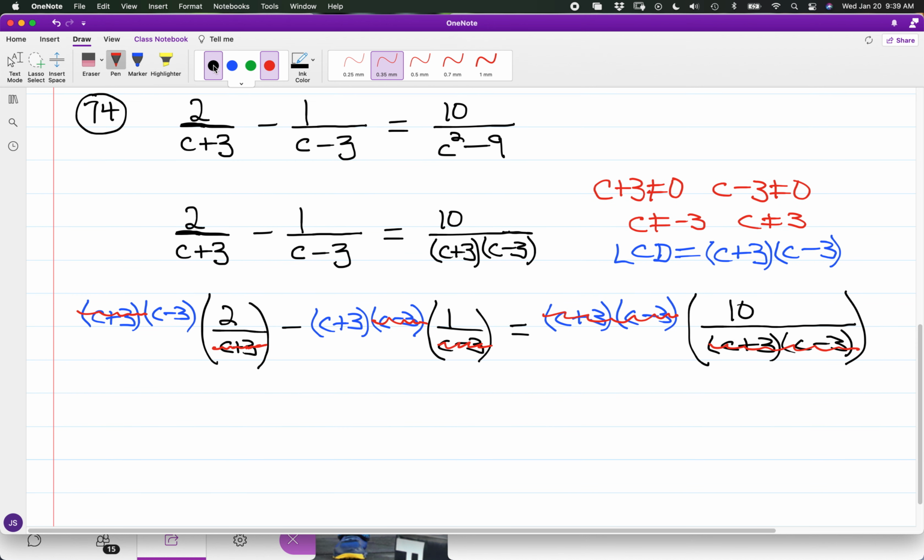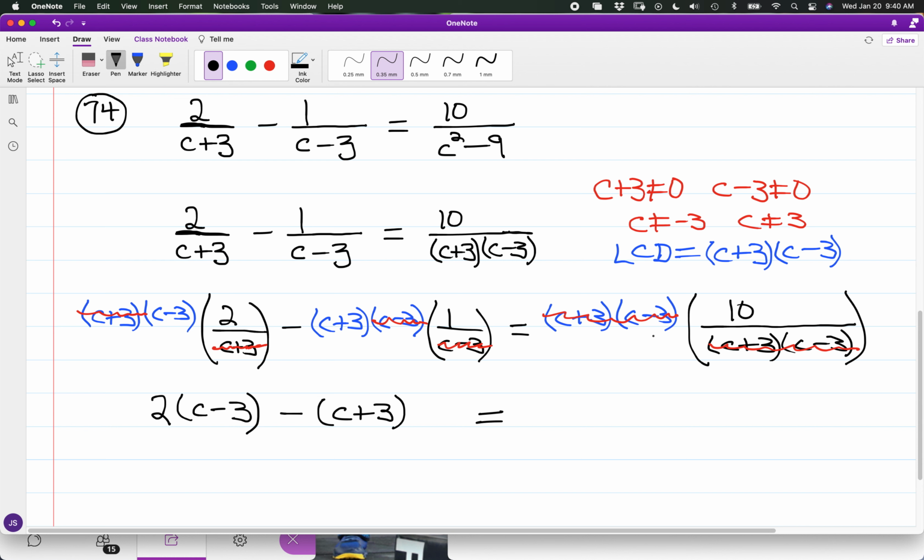So at this stage, c plus 3 went out from the first portion. Now we have interaction between 2 and the quantity of c minus 3. And then we have bringing down the subtraction. So you have c plus 3 times 1, so you're going to have minus the quantity of c plus 3. So this subtraction is going to affect not just the c, but also the 3.